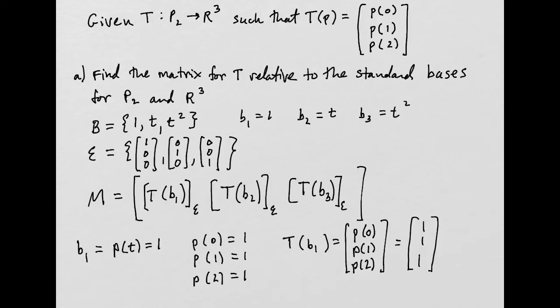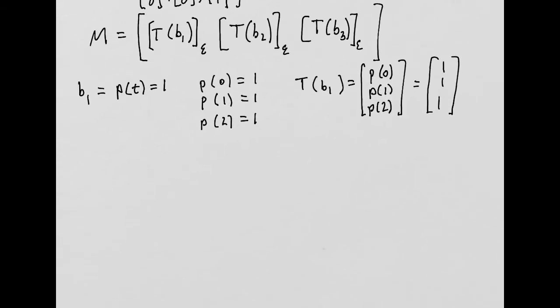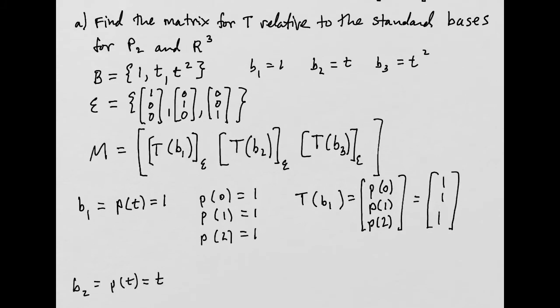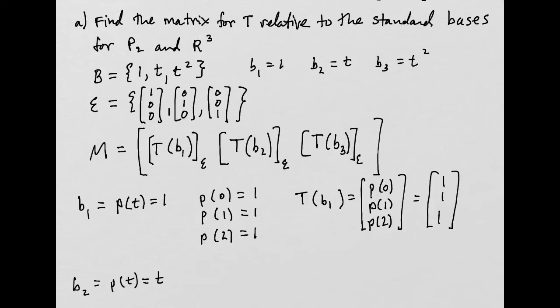All right, so let's do b2 now. Well, if I call that p of t, that's just t. So back up here, b2 is t, b3 is going to be t squared.